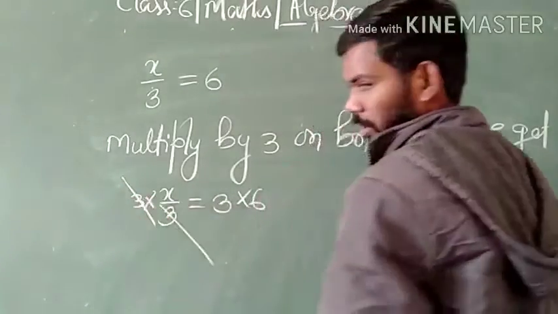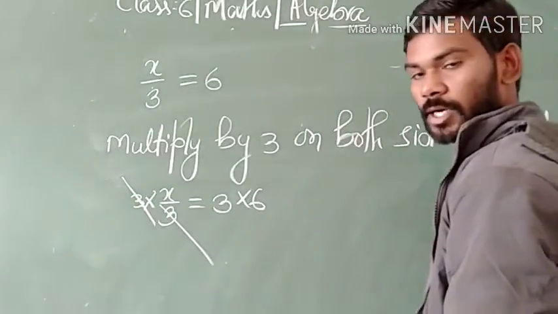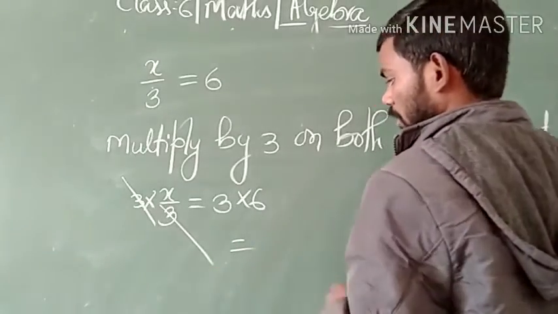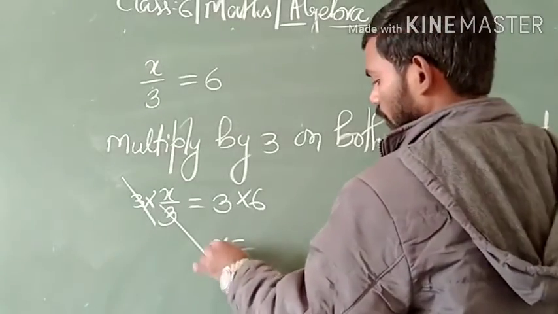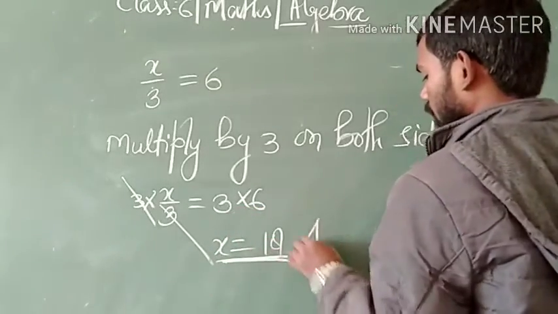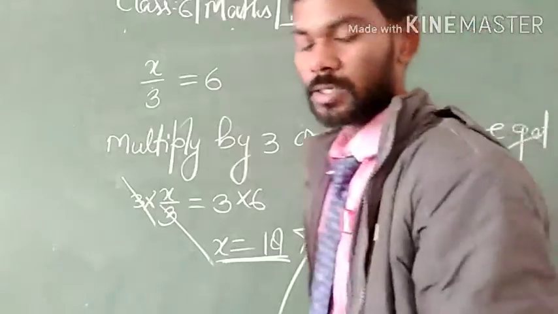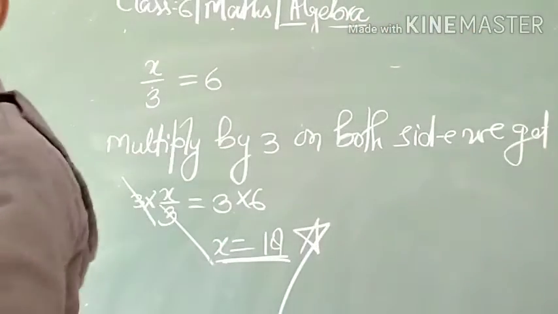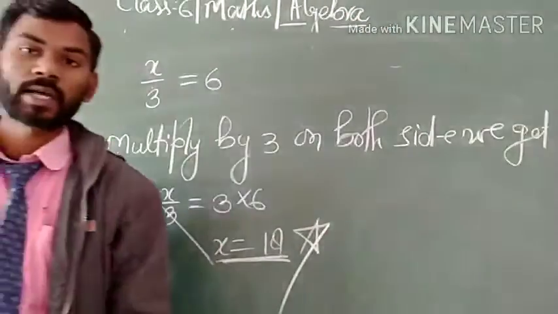Here 3 and 3 become cancelled out, and here we get x equal to 6 3s are 18, which is the right answer. X is equal to 18 is the right answer.